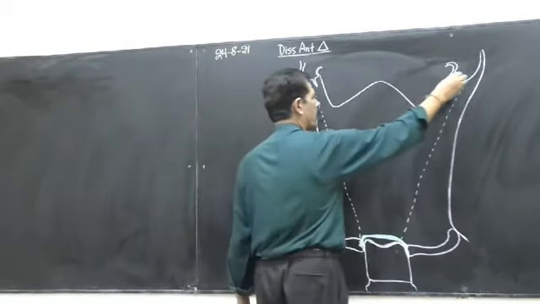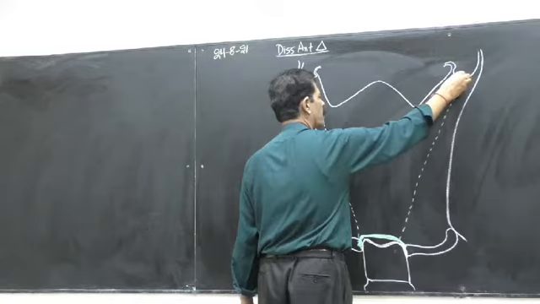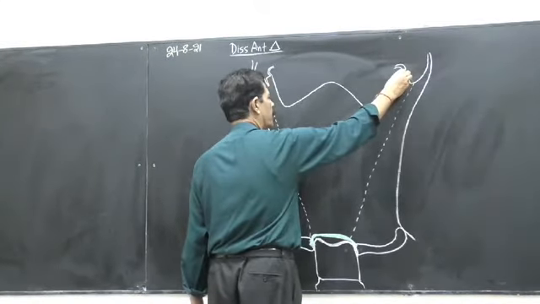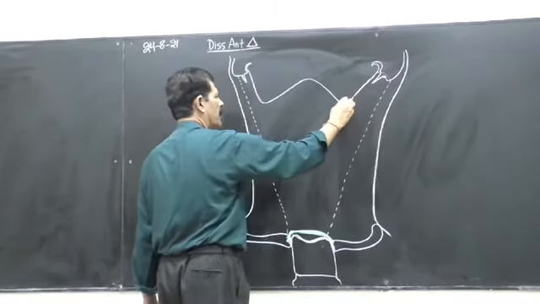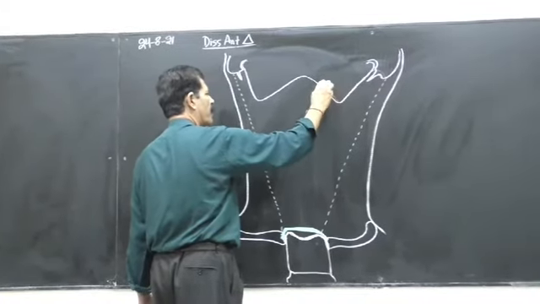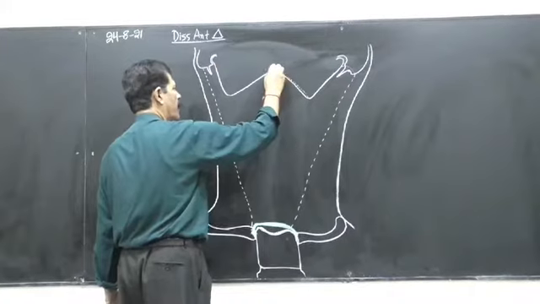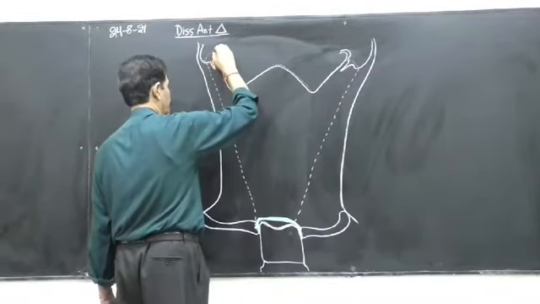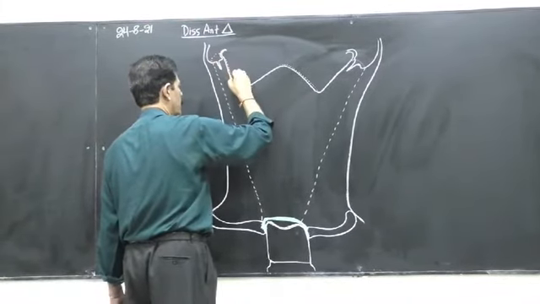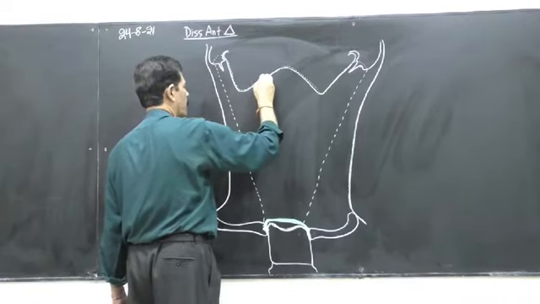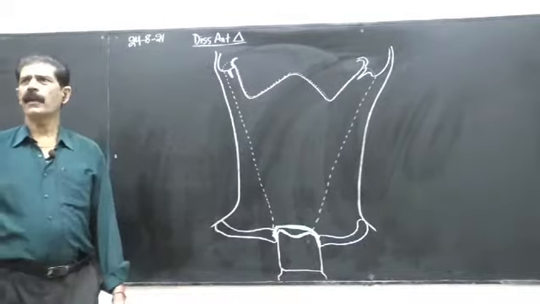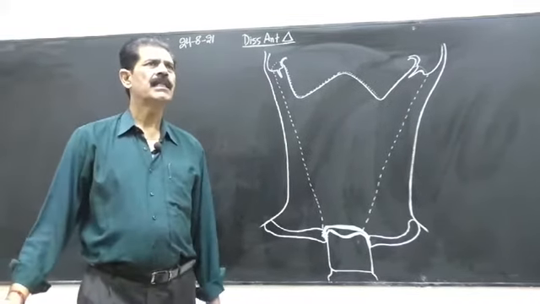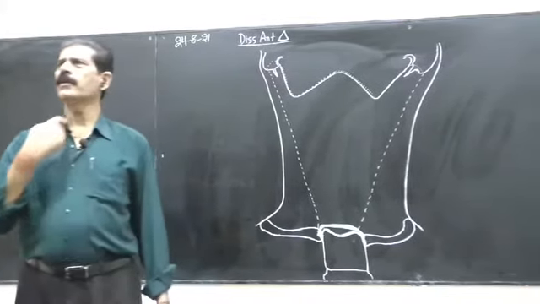Another cut we make from the mastoid process to the TM joint and the posterior border of the ramus of the mandible, then base of the mandible, and right meets with the left. So this is the skin incision we make to expose what lies beneath the skin of our anterior triangle.